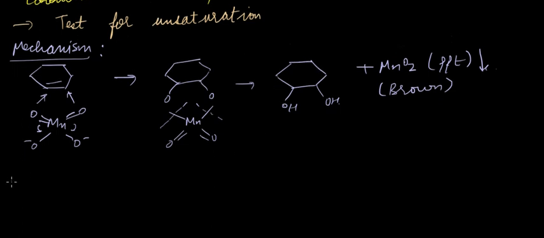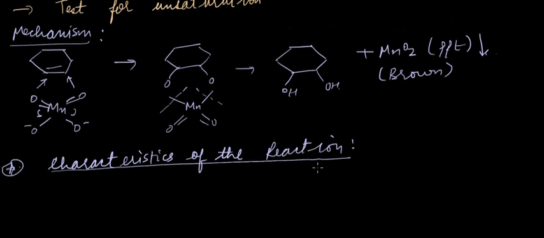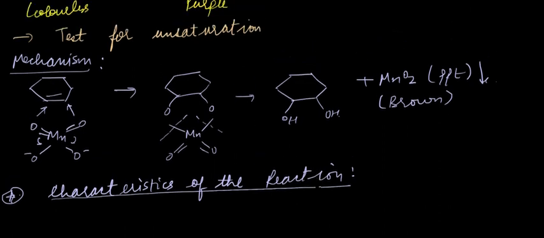So let's talk about the characteristics of the reaction. The characteristic of the reaction is simply that the overall mechanism is a syn addition. If you look into this, both the OH groups will be either above the plane or below the plane. This type of addition is called syn addition.